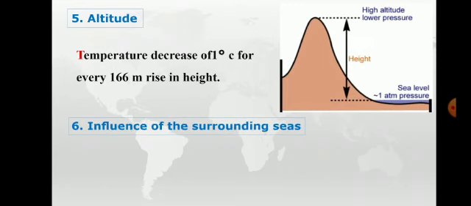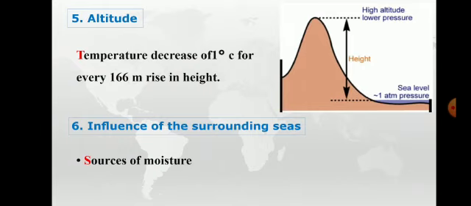Next point, influence of surrounding seas. India is surrounded by 3 water bodies, isn't it? That is the Indian Ocean, Bay of Bengal and Arabian Sea. So it is also called a peninsular country. These 3 major water bodies play an important role in the climate of the country.